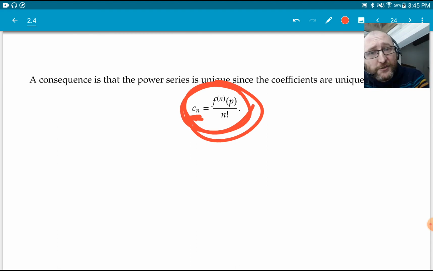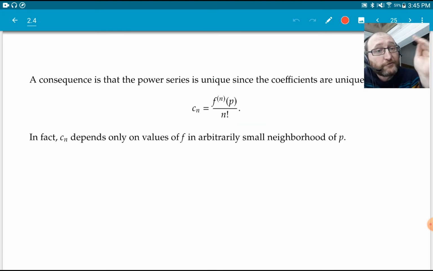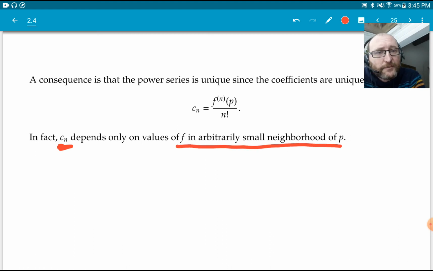We can actually compute the coefficients from the values of the function. And another interesting thing is that the coefficients only depend on the values of f in an arbitrarily small neighborhood of the point p, because to compute a derivative, you only need some open set, but it doesn't have to be very large.